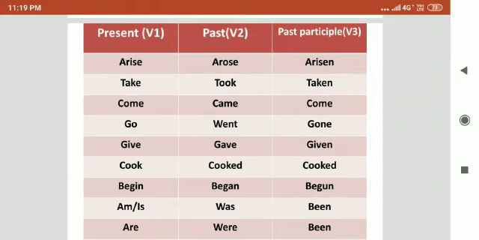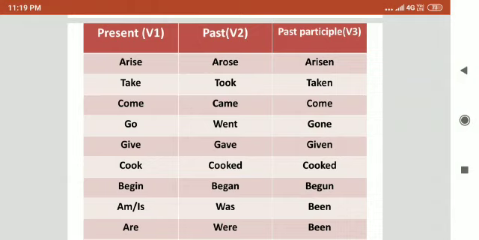And past participle means something which is happening right now, or we can also say V3. Okay, it's V1, V2, V3: present, past, and past participle. And you should also remember that in the past participle form of verb, the word usually ends in ed. Okay, now let's look at the first example.